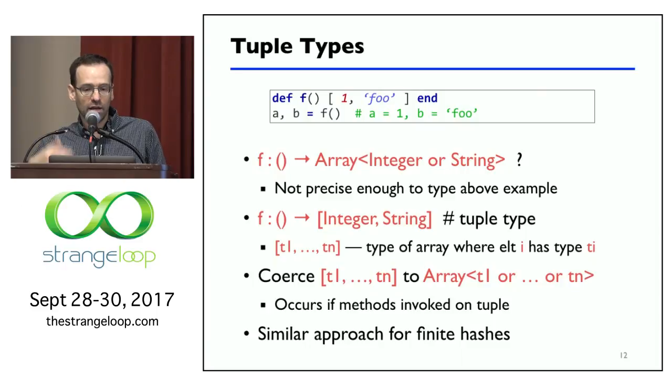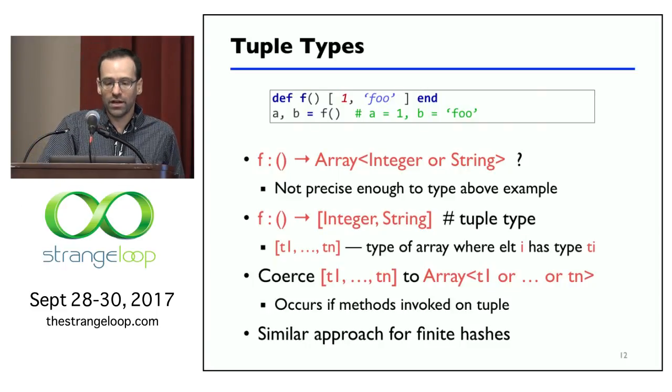So let's say that I just assumed, of course, without any annotation, I wouldn't do this, but let's say that we give this type array of integer or string using the union type. That's not going to be precise enough for this example because then A would be an integer or string and so would B. So instead, RDL has a special tuple type, right, which is the sort of natural thing with the square brackets here that says it's an integer in the first position, a string in the second position. But of course, maybe later on we discover that's false.